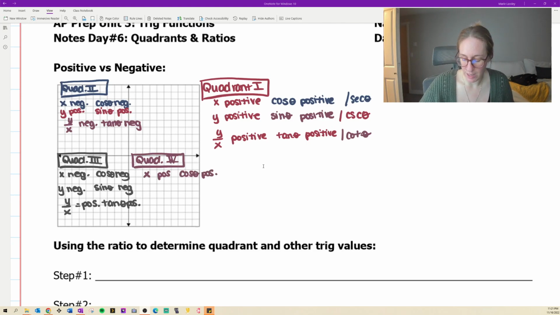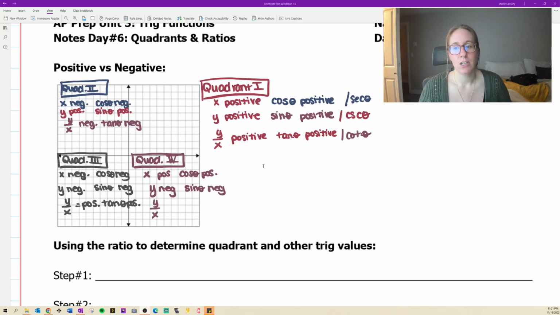However, y is negative, so sine is negative. And then our fraction, y divided by x, since y is negative and x is positive, this is going to be a negative value, which means tangent is negative.